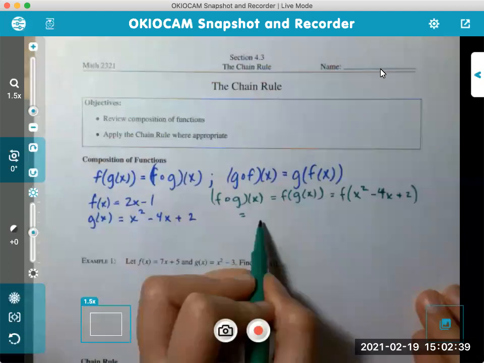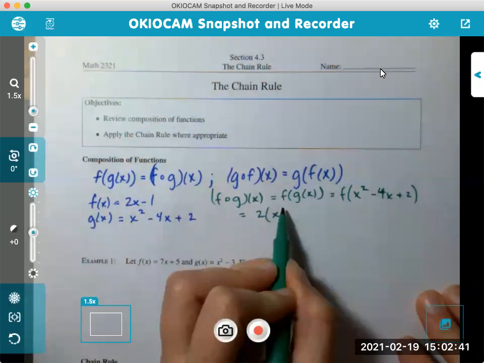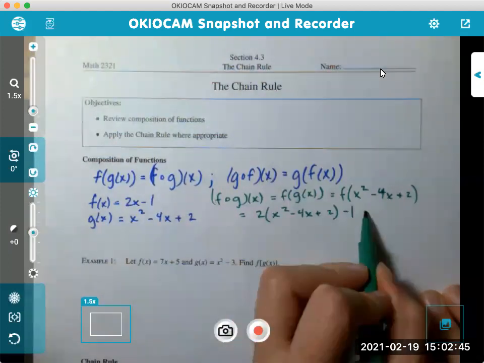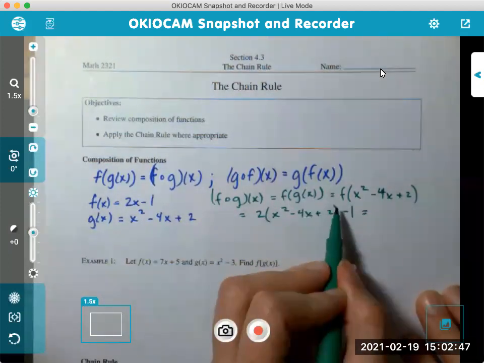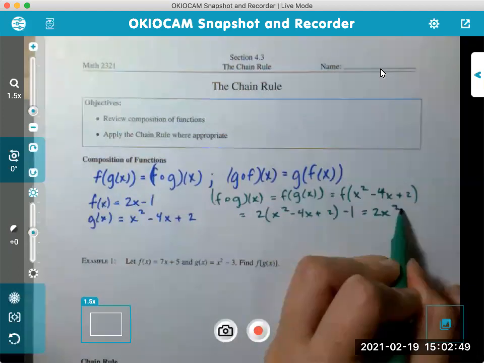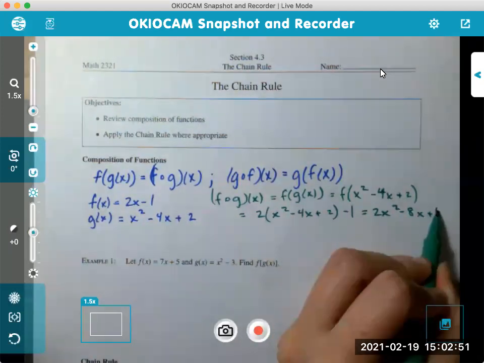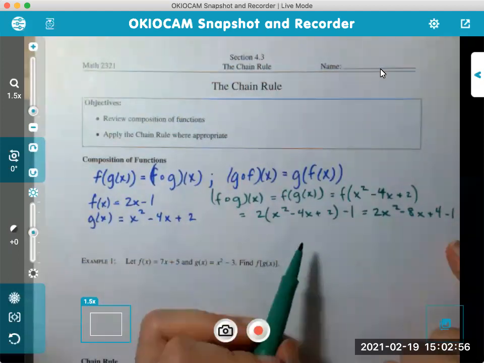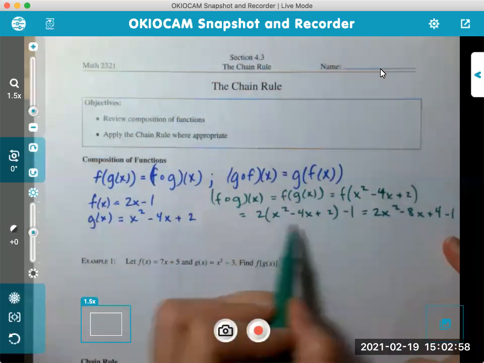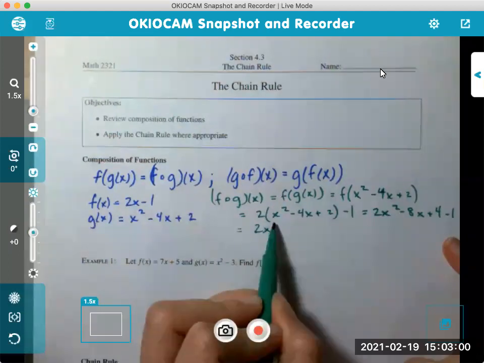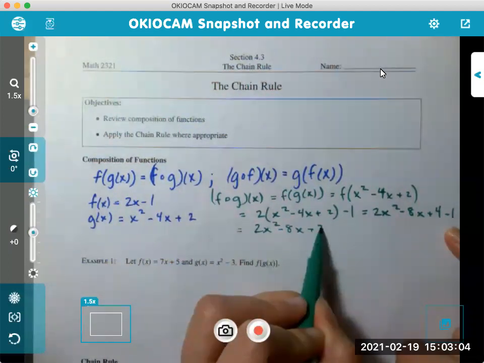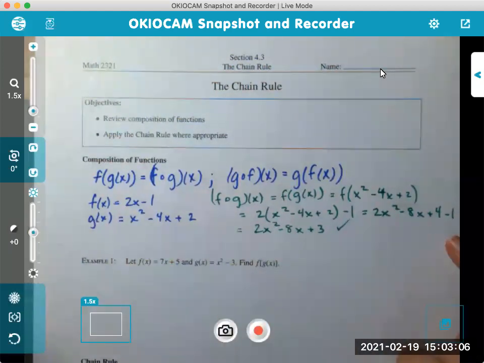So we have 2 times x squared minus 4x plus 2 minus 1, which in turn, after distributing the 2, gives us 2x squared minus 8x plus 4 minus 1. And then 4 minus 1 would be plus 3. So that's it. That is f composed of g.